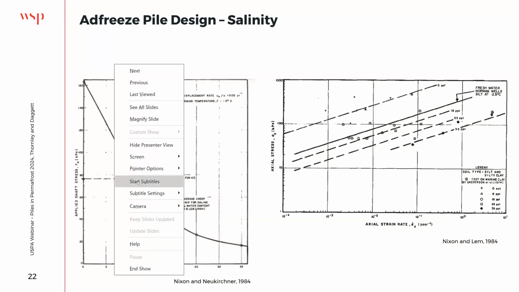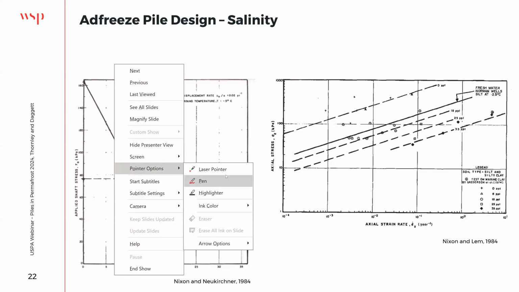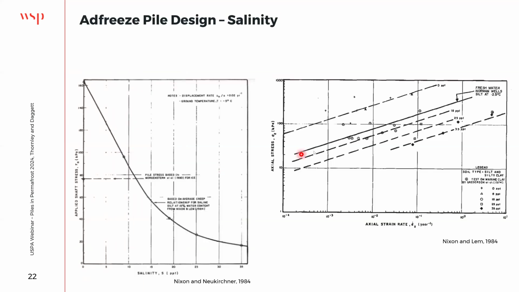And if we look at our very top curve, we're looking at a creep rate at 0 parts per thousand, which relates more to what we saw before: what is our strain going to be versus the stress, which then goes into our adfreeze strength.